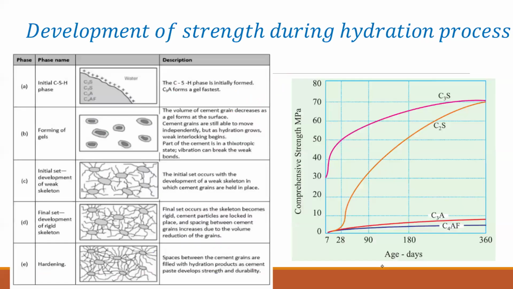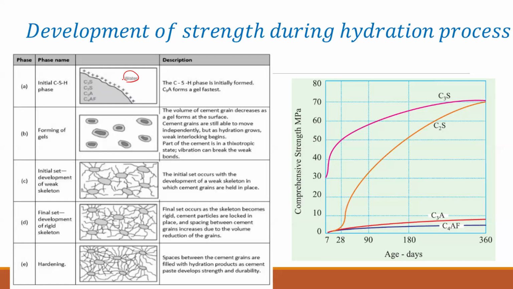So here, if you look at the hydration process, this is very important. First thing is the wetting of the surface. That's why I told you, when the cement particles are very tiny, they have larger surface area. Like when you consider caster sugar and sugar, caster sugar is tiny particle and it is very easy to mix with water.